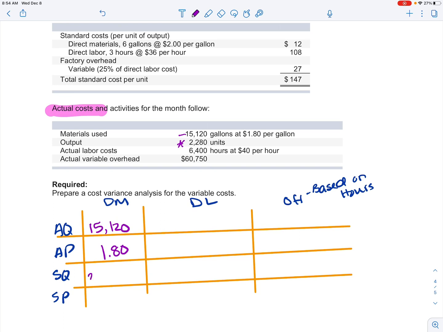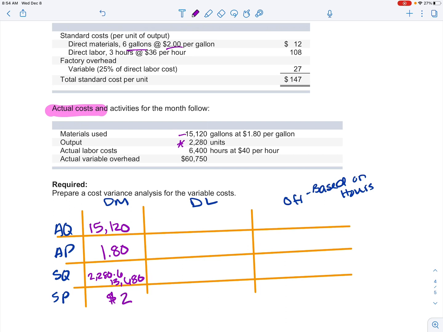So I actually produced 2,280. It should take me 6 gallons per unit. I'll multiply that by 6, and I get 13,680. My standard price for materials, they give me $2.